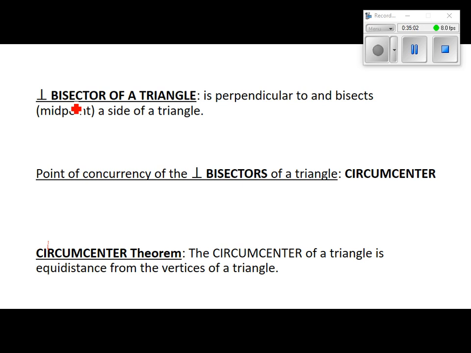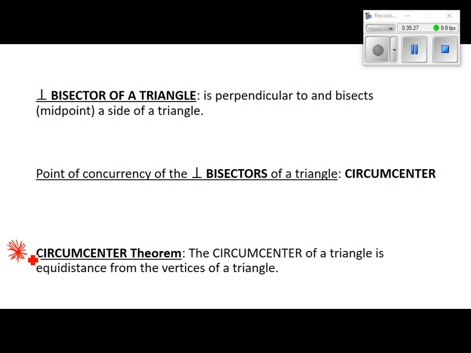Now, there are 3 theorems that we're going to talk about today, and all 3 of them are sort of important. You have to be able to deal with them, use them, and know them. Perpendicular bisector of a triangle. A perpendicular bisector of a triangle is perpendicular to and bisects one of the sides of the triangle. How many sides does a triangle have?